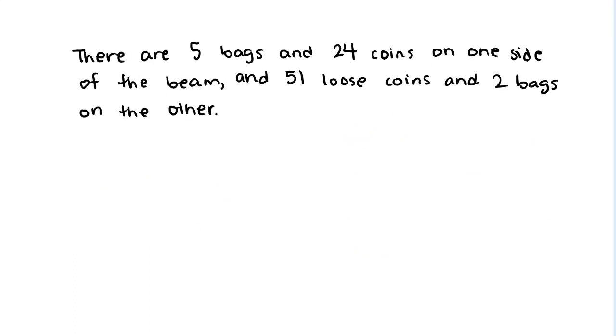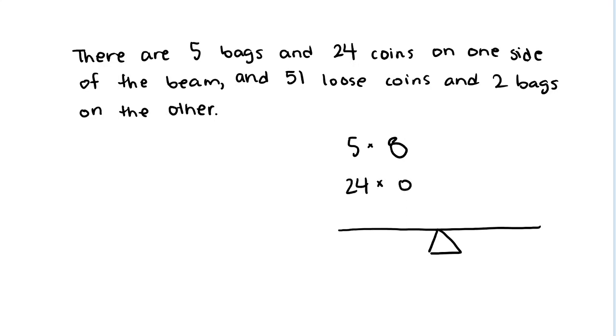So in this example, it says that there are 5 bags and 24 coins on one side. So 5 sets of bags and 24 sets of coins. And then on the other side, there's going to be 51 sets of coins and 2 bags.